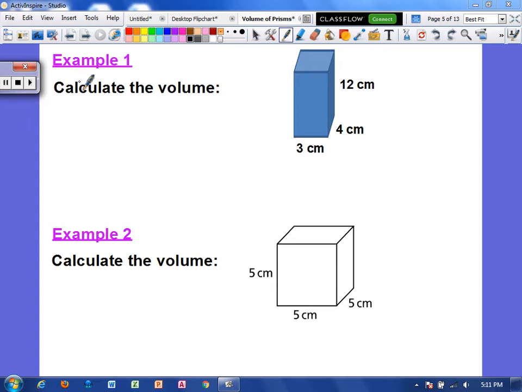All right, example 1, calculate the volume. We have this rectangular prism. All right, now we are used to seeing all of the edges, so I'm going to fill that in. Now on a rectangular prism, whatever is shaded is going to be the base. Now since nothing is shaded in, we're just going to assume that the bottom is the base.